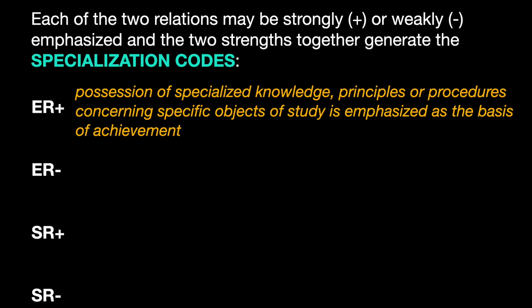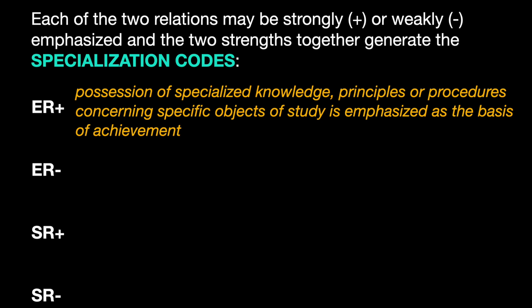Now, notice that this definition of strong epistemic relations is pretty abstract. It doesn't even hint at what might count as the specialized knowledge or what the specific objects of study might be. That's because we're here concerned with laying out the theoretical, that is, the non-empirical language side of the analysis. This will be the case for all the code definitions.